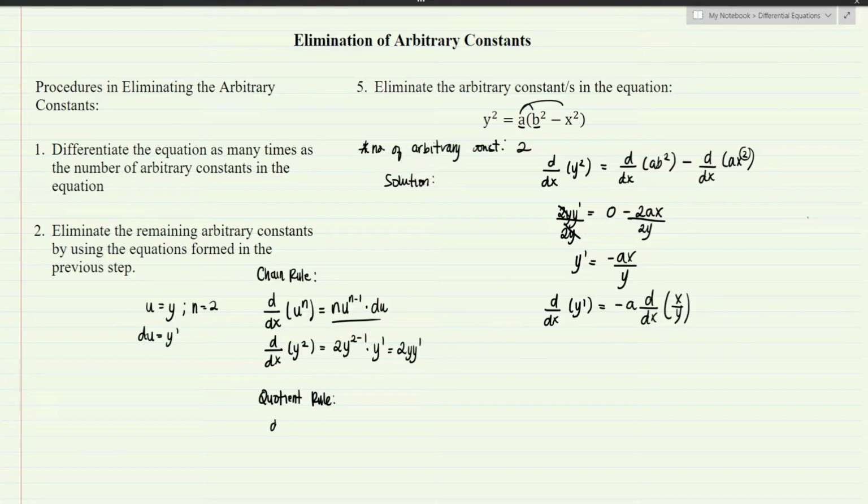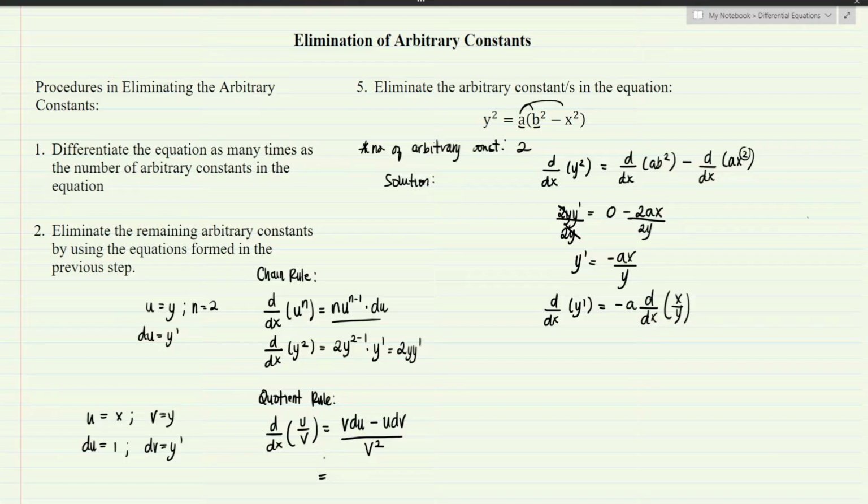So the quotient rule states that if you have a function equal to u over v, its derivative is v derivative of u minus u derivative of v over v squared. So if I let u be equal to x and v equal to y, their derivative would be, for du, that would be 1, for dv that would be y prime.